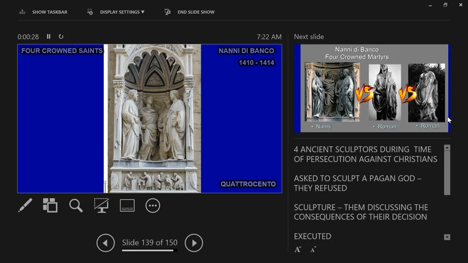For one thing, it is odd to have four sculptures or four figures inside one little niche. They're all crammed inside there. But it tells a story of four ancient sculptors during the time of the persecution against Christians by the Romans, and they have been asked to make a sculpture of a pagan god.